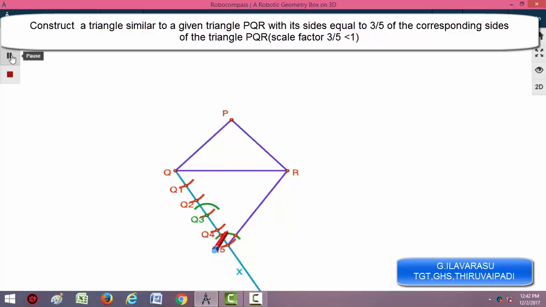That measurement I take in the compass. From the point we had above this Q3, keep that as the origin and cut the previously made arc with the measurement taken from here.